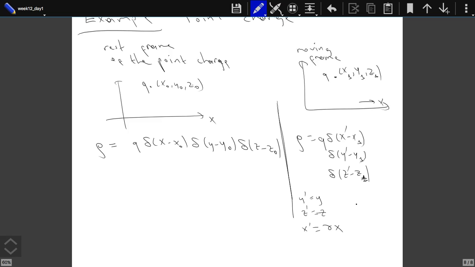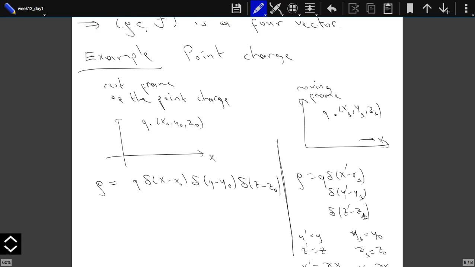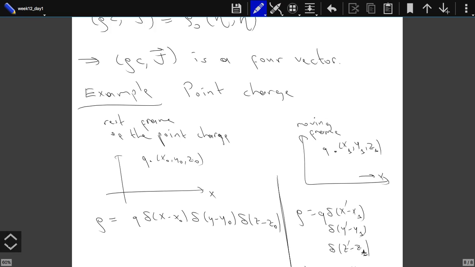And similarly, y1 is equal to y0, z1 is equal to z0, x1 is equal to gamma times x0. Is it gamma or 1 over gamma? Gamma. Why? Well, you see, x0 is this length measured in this reference frame. Here we are in a different reference frame that is moving, so the length is contracted.